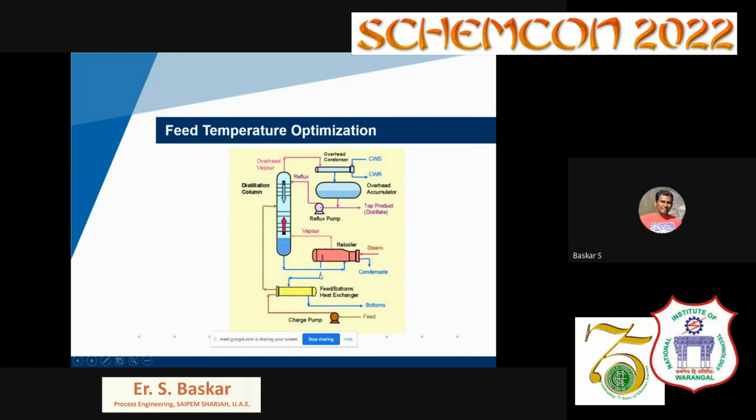Always the bottom product will be at higher temperature because in the reboiler we are providing energy to heat the bottom liquid coming from the column, and we are vaporizing it, and thus heat can be utilized to preheat the feed which is entering into the column. So by doing this, we can reduce the heat duty required for the reboiler. This is one of the optimizations that can be done during the design stage.